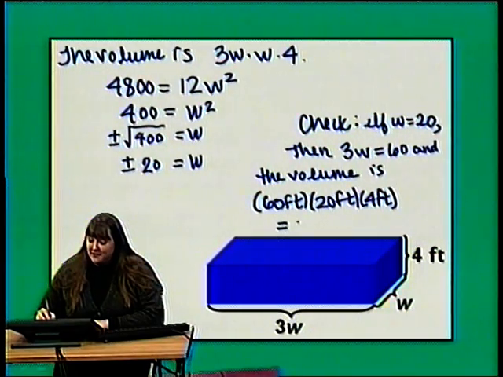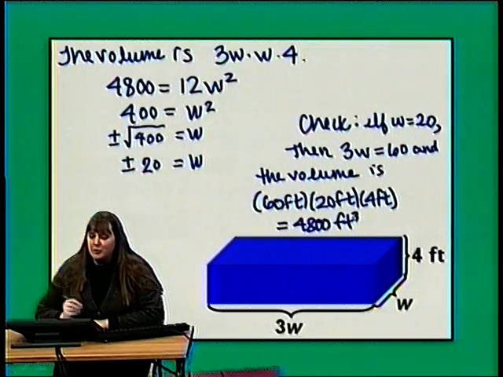And when we multiply feet by feet by feet, we get feet cubed, which is cubic feet. And the volume of the pool was supposed to be 4,800 cubic feet. So this does check. So I can go ahead and write my conclusion.